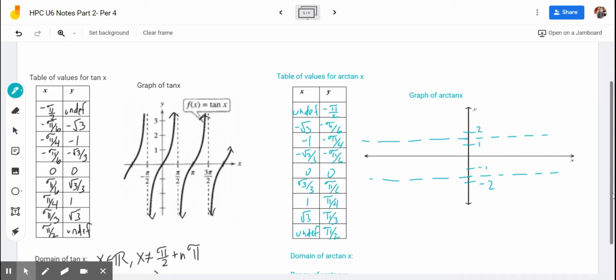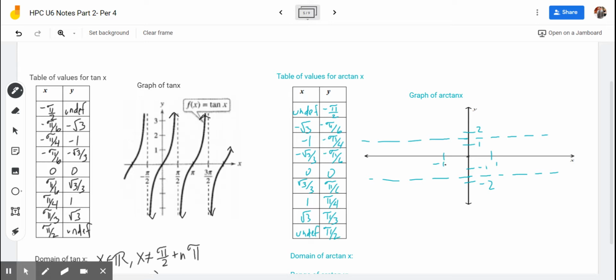And then let's do negative 1, positive 1, pi over 4. So it's about 0.75, around there. 0, 0 is easy.